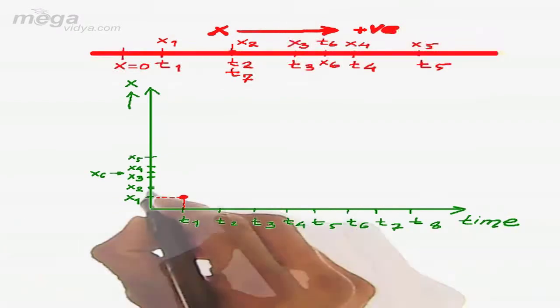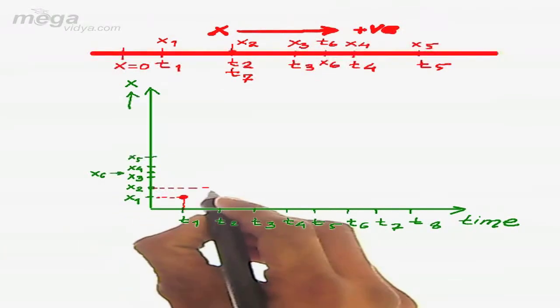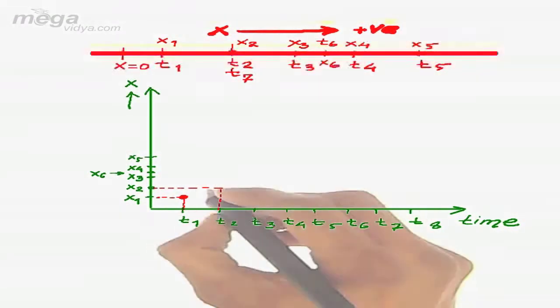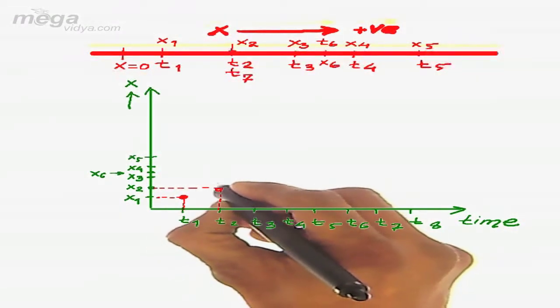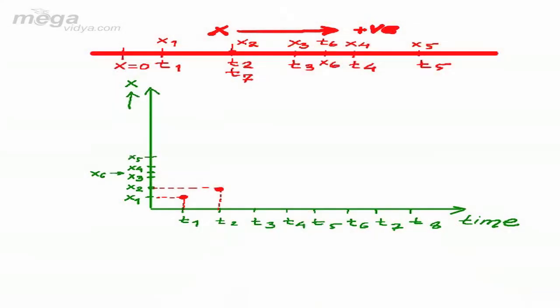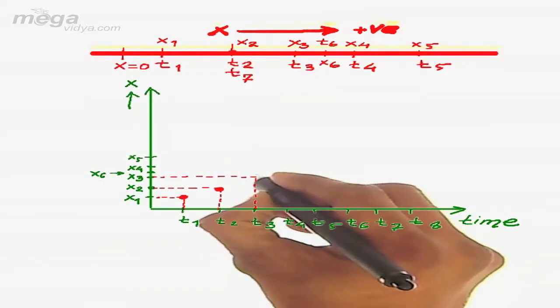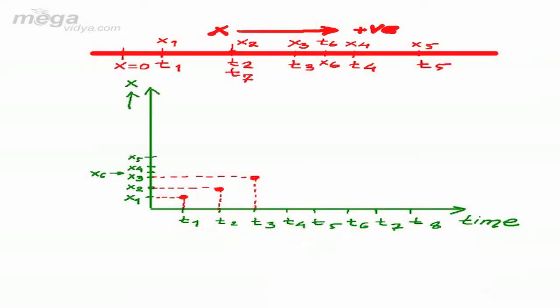So for this position x2, the time was t2. So I am making this point corresponding to position x2 in the path of the particle. At time t3, it reaches the position x3. So the third point on the path of the particle is represented by this point, which I am taking on the x3 curve.